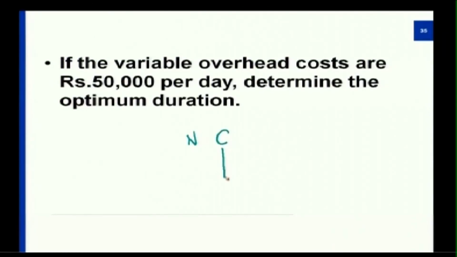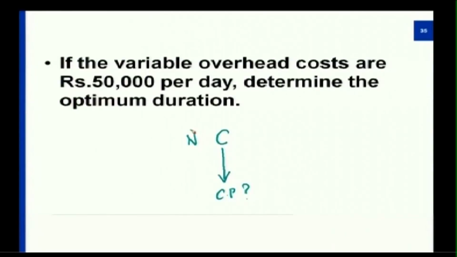By working out the crash cost on a critical path, we are able to estimate which activity reduced by a day or a week would give me an optimized path, and how far it will vary from the normal cost to the crash cost. By doing this crash costing, how much it changed in the optimal duration can be easily calculated, and on top of it, as an indirect cost, I have included rupees 50,000 per day.